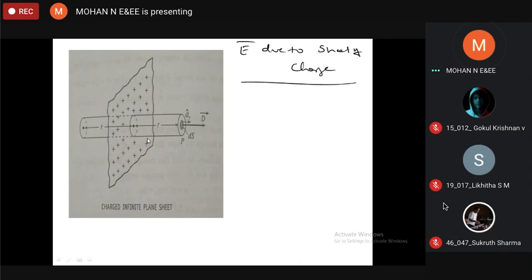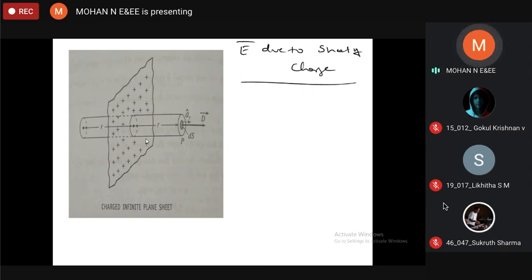I'm not particular about which plane the sheet of charge is on. We are interested in finding the field at a point due to the infinite sheet of charge, using Gauss law again.